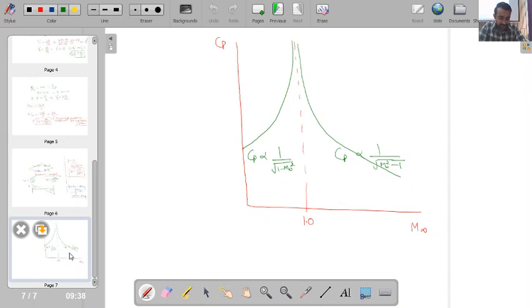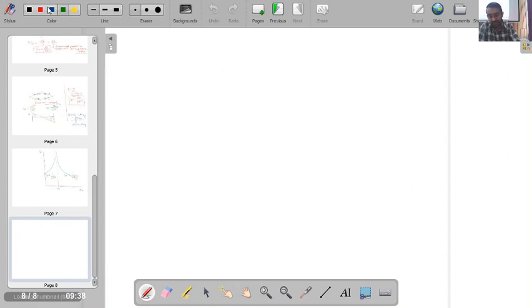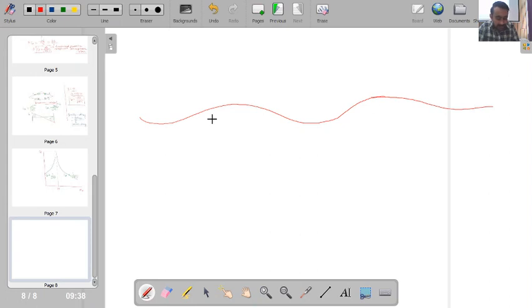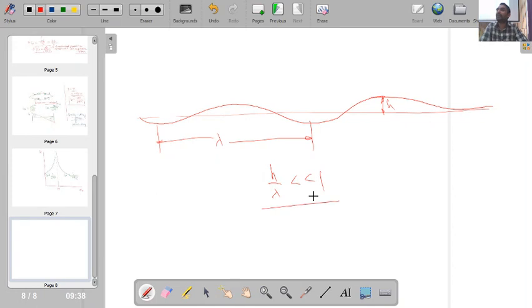Then after this, if you recall in the previous class, I had taken one specific shape, one wavy surface, such that if h is its amplitude and lambda is the wavelength, then I consider that h by lambda is very small compared to 1.